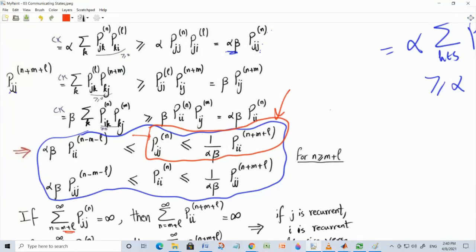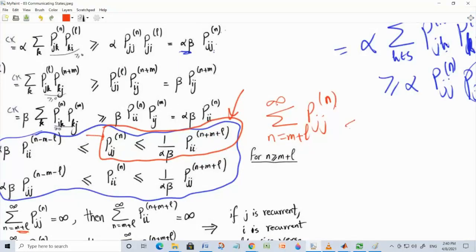This is true for every time index n. So the sum from n plus L to infinity of Pjj of n is less than 1 over alpha beta times the summation of Pii of n plus m plus L.